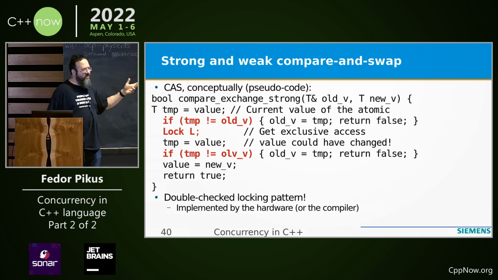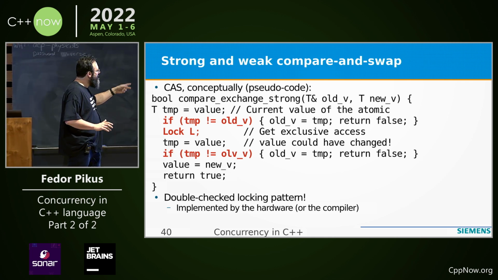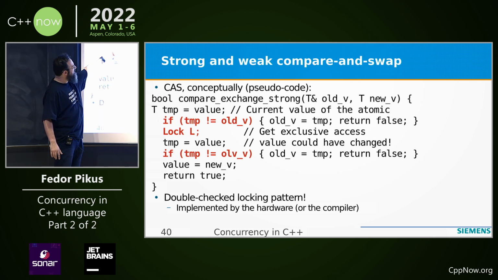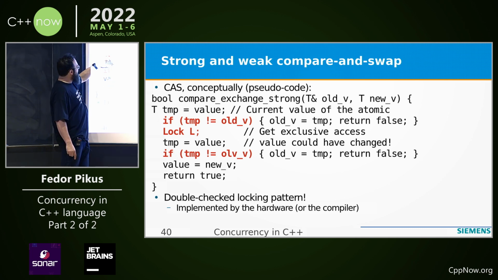There is a better way to do it in hardware, which is you read the current value first, without locking. You don't need a lock to read. Now, if somebody else held the lock, meaning somebody else has modified it, it won't succeed. But you don't get an exclusive lock.